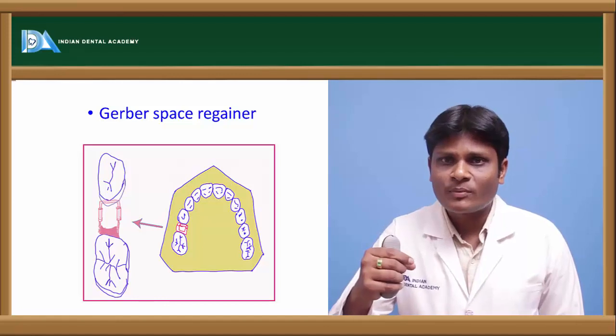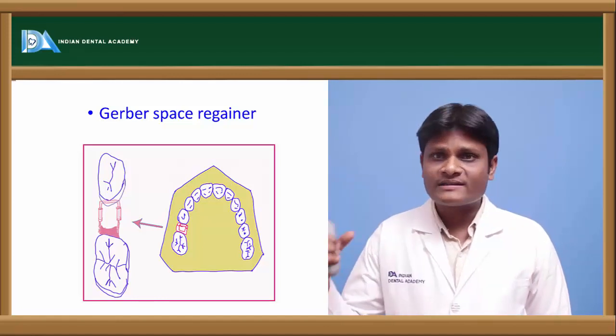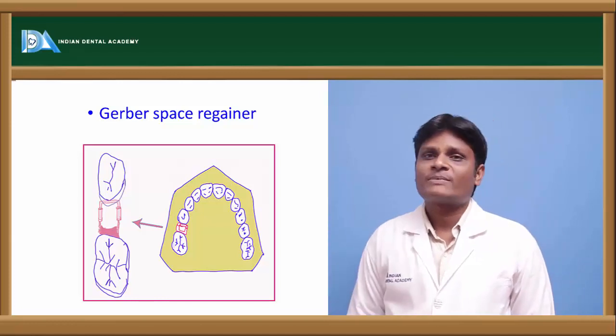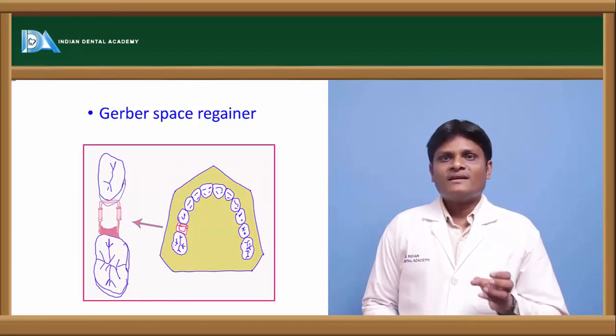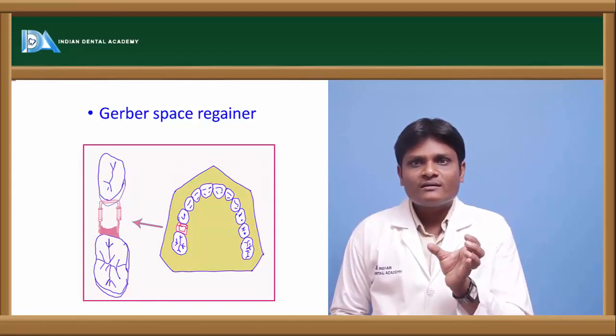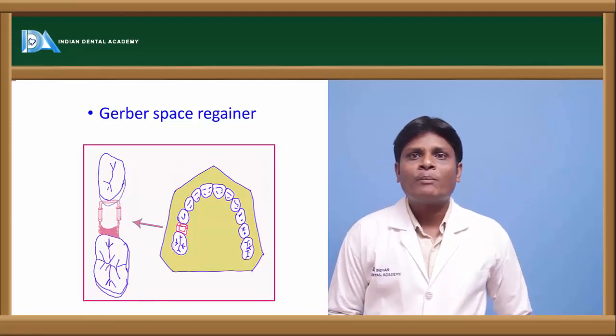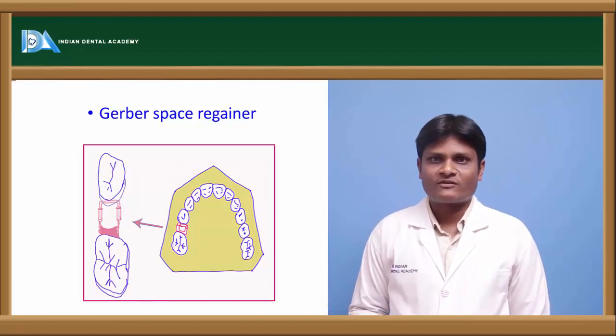We are compressing the open coil springs and placing them between those rods that are soldered to the crown on the deciduous first molar and the mesial aspect of the molar. These open coil springs will tend to move the first permanent molar distally, thereby opening up the lost space.